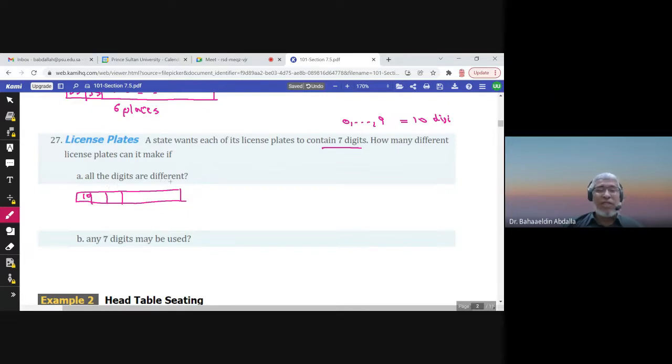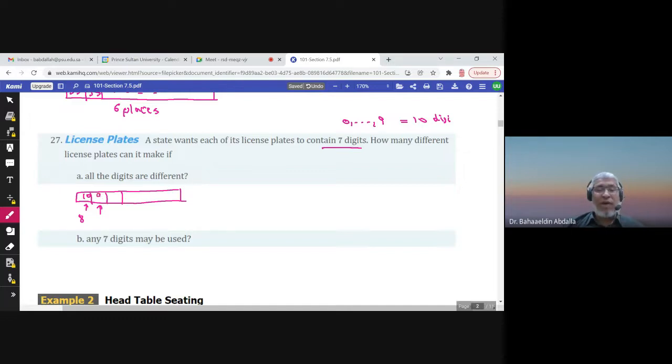If all the digits are different, then in the second place now, if I choose, for example, 8 in the first digit, I cannot choose 8 again, because all the digits should be different. So the second digit cannot be 8.